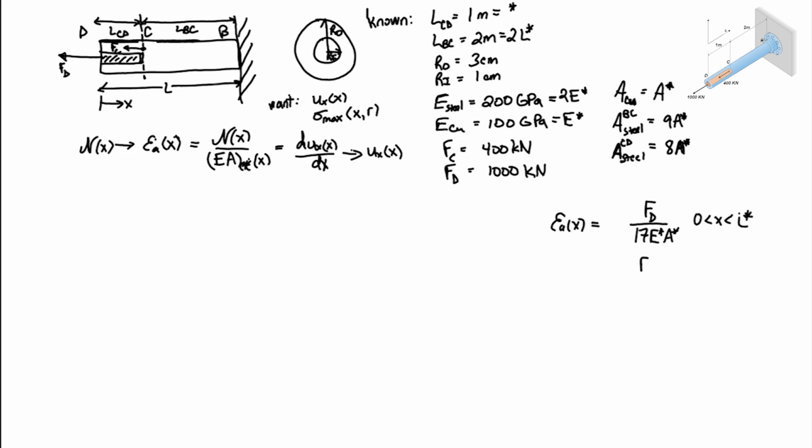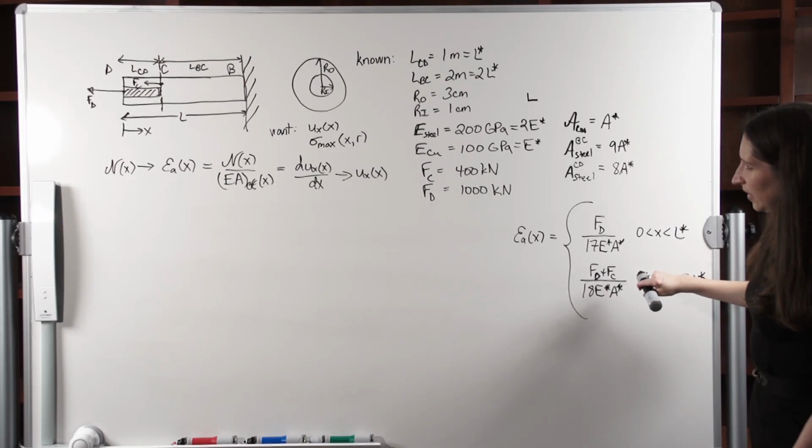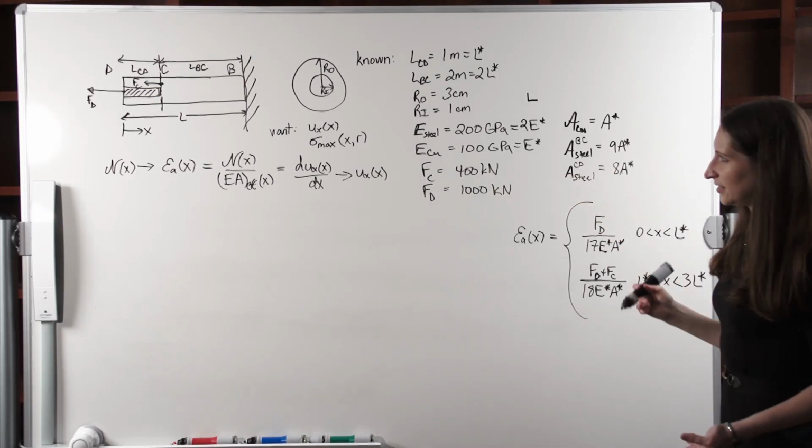And then we have Fd plus Fc over 18E star A star from L star to 3L star. Okay, so now we have our epsilon of x, which is also equal to du_x/dx.